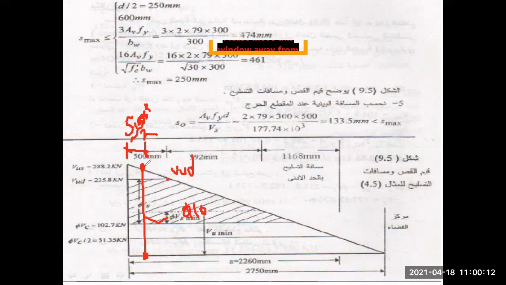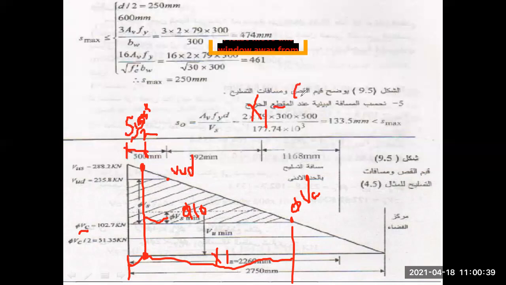If it is from this location up to 5 VC, which is this one, and I call this distance X1, then the distance within which I need to provide steel reinforcement would be X1 minus S least over 2.